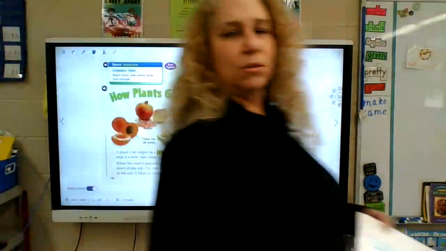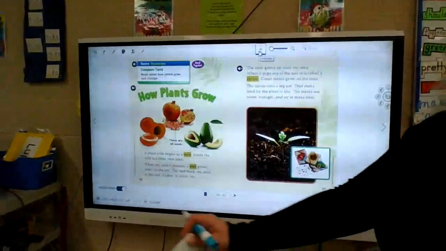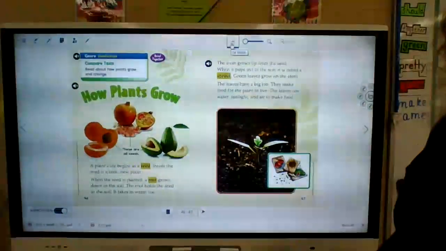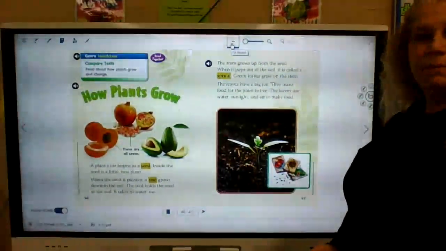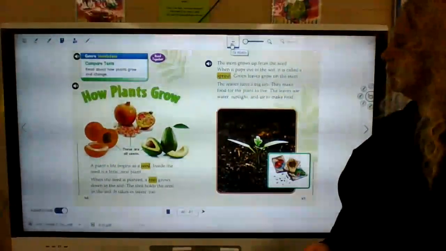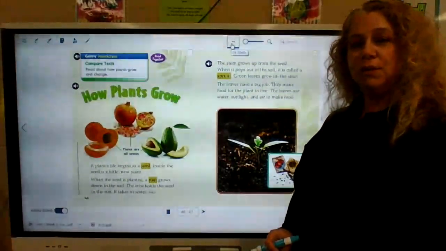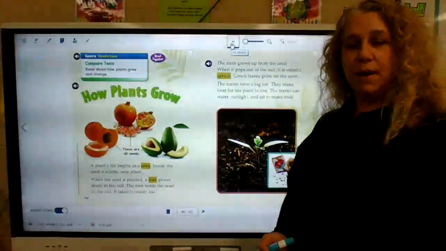Now, this is the 3rd story of the week. Remember, the 3rd story a lot of times is a lot harder than the other 2. So sometimes we need help with this story, reading it, and that's okay. But it's a challenge. So sometimes on a challenge, when something is hard, you keep working at it until you're able to read it by yourself.